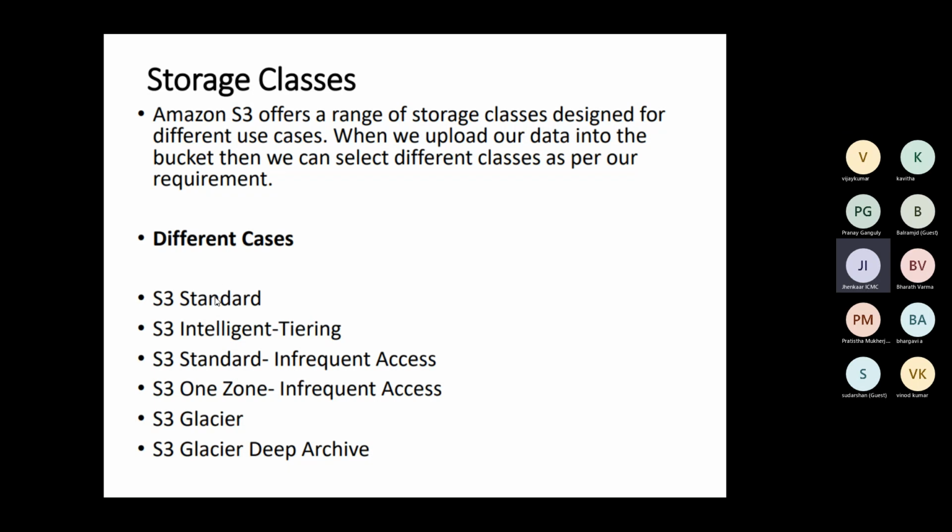When do we use this S3 Standard class for a bucket? If your requirement is a dynamic application, or you are dealing with video streaming, or you need to access the storage very frequently, then it is preferable to use the Standard class. We'll see one by one.